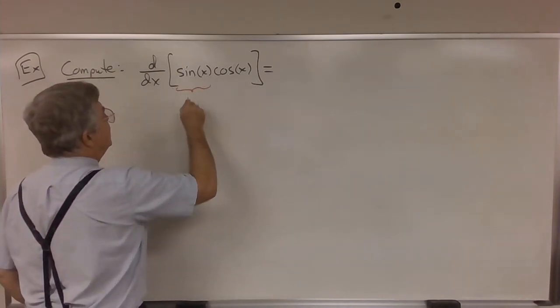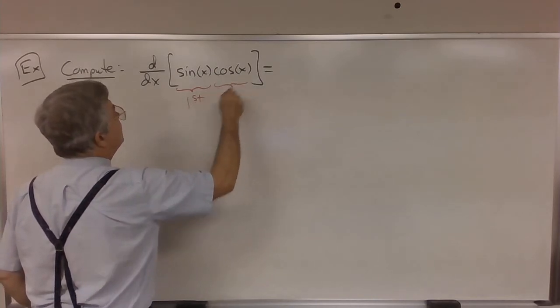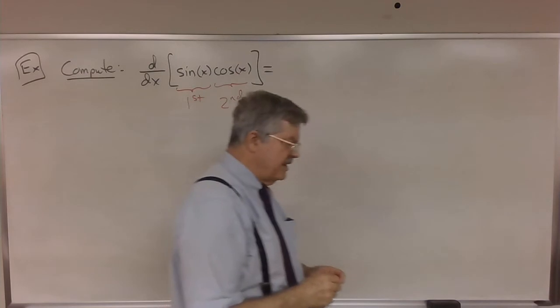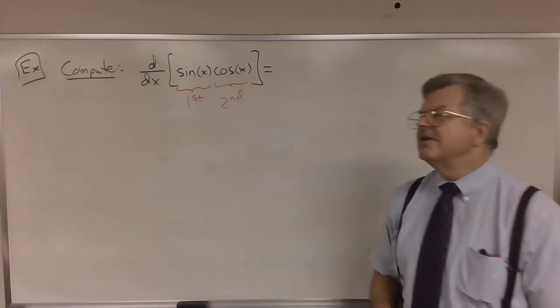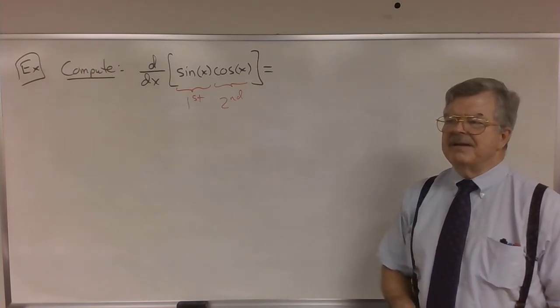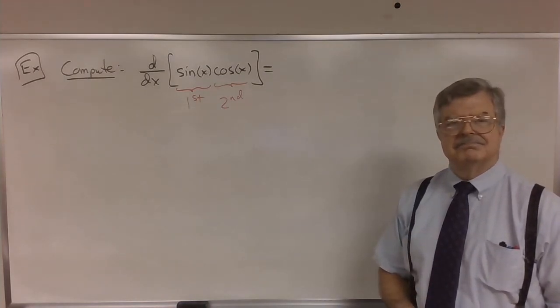So let's see, we're going to have the first, the second, and then we need to remember what the product rule says. First prime times second plus second prime times first. Oh, okay.